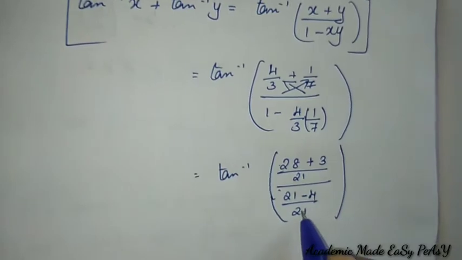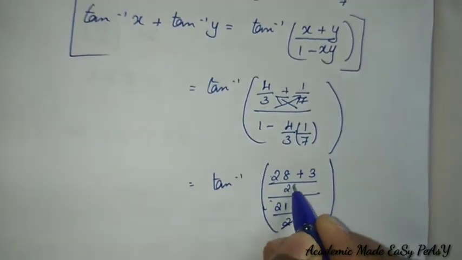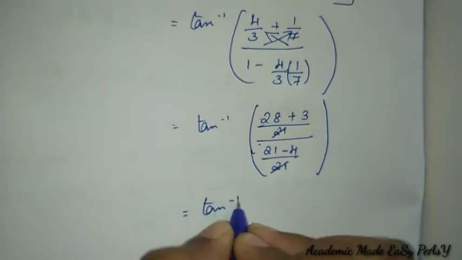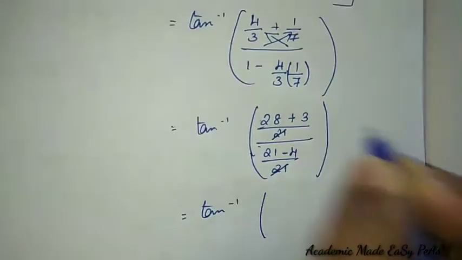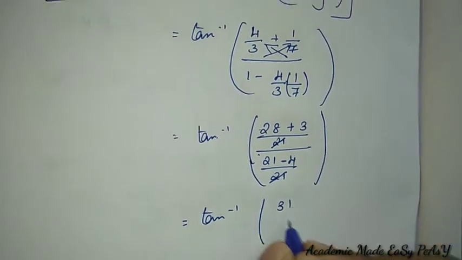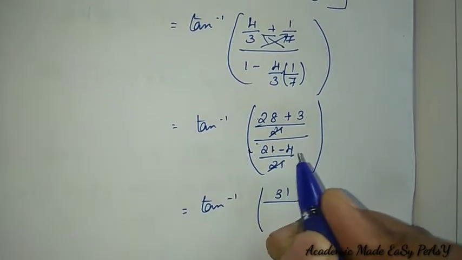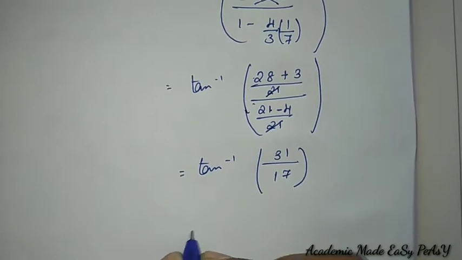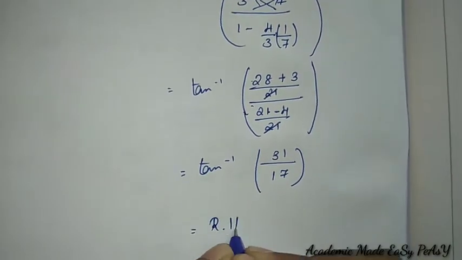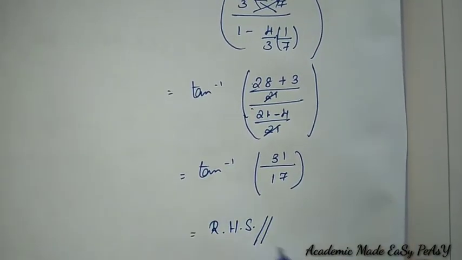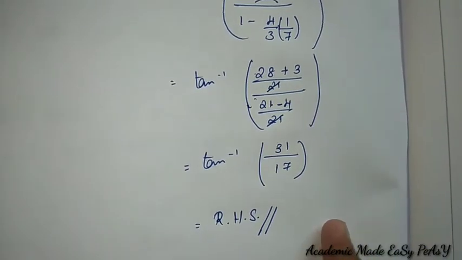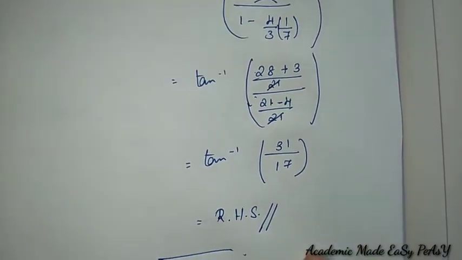So here also my denominators are same, so I will cancel these two. So I will have tan inverse of 28 plus 3 is 31 divided by 21 minus 4 is 17. So this equals my RHS, so hence proved. Here they asked to prove that LHS is equal to RHS, no? So therefore mine is proved.